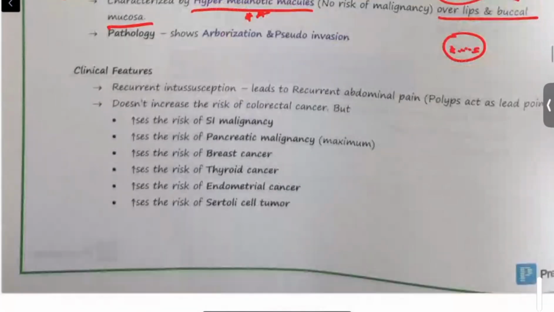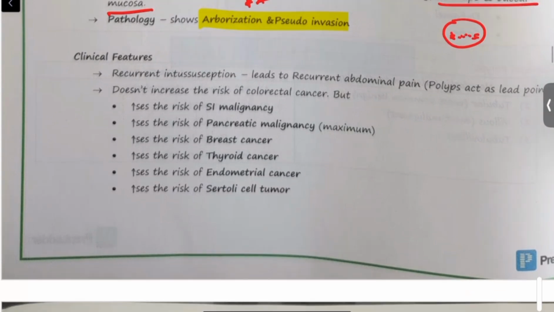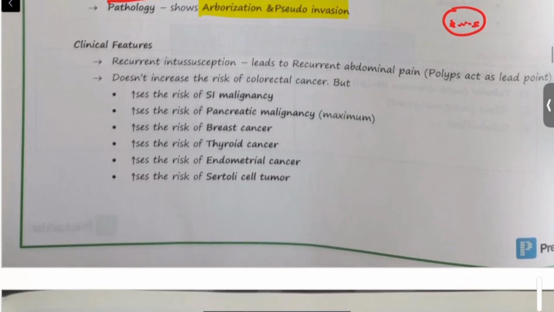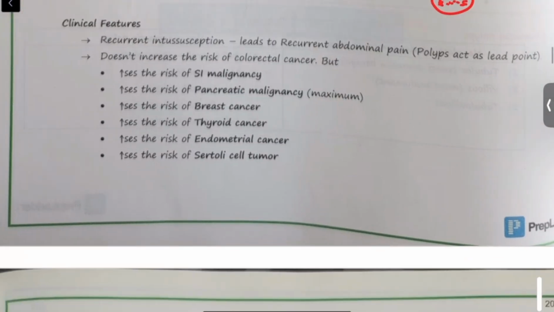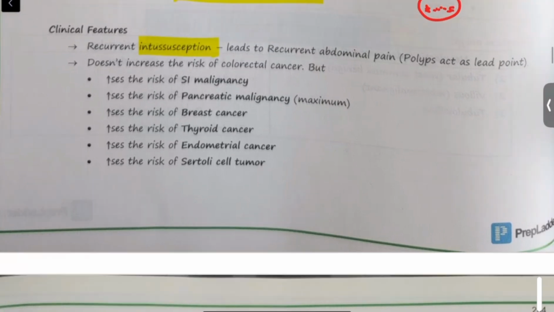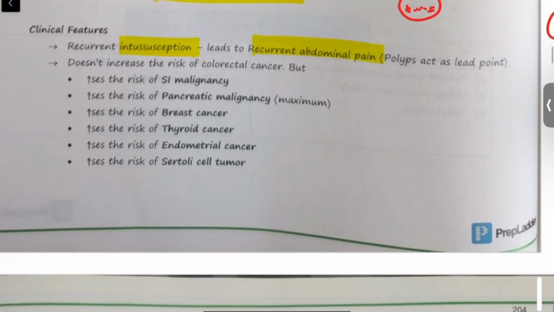What will be the clinical features and what exactly is the pathology? It shows arborization and pseudoinvasion of the GI tract mucosa. Clinical features: they get recurrent intussusception, that leads to recurrent abdominal pain, and the polyp acts as a lead point. One thing we need to know is Peutz-Jeghers syndrome doesn't increase the risk of colorectal cancer.